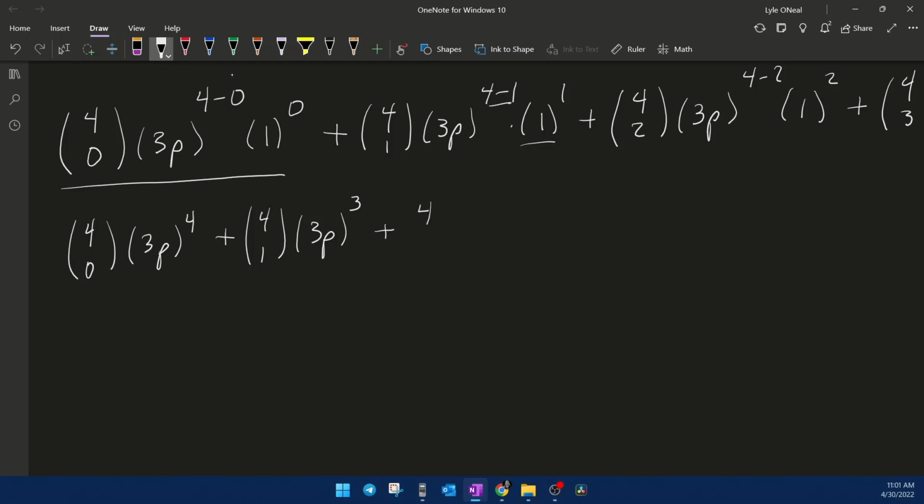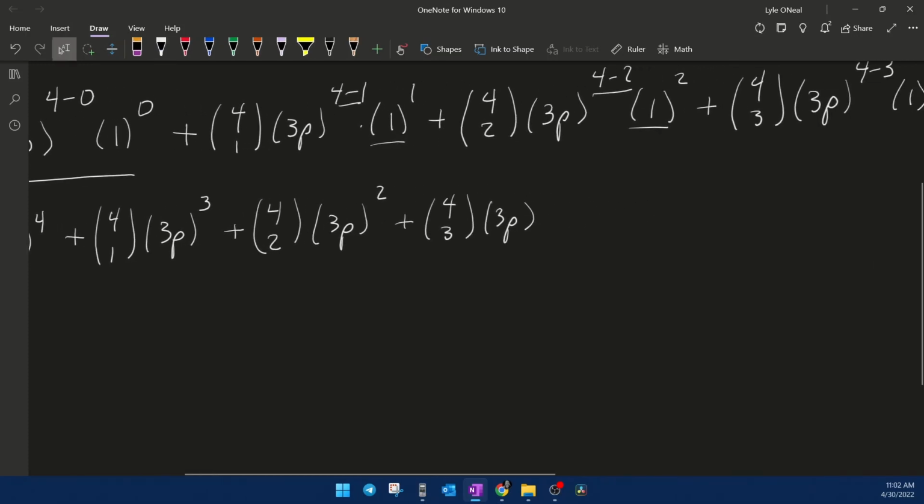And then 4 choose 2, 3p to the 4 minus 2, which is 2, and once again the times 1, I don't have to write that. 4 choose 3, 3p to the 4 minus 3, which is 1, so I don't have to write the exponent of 1, and I don't have to write the multiple of 1.